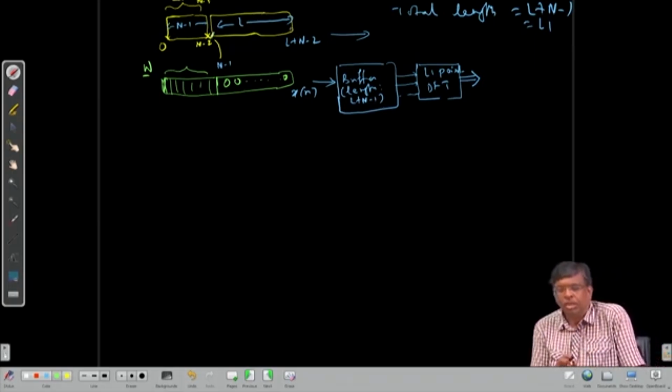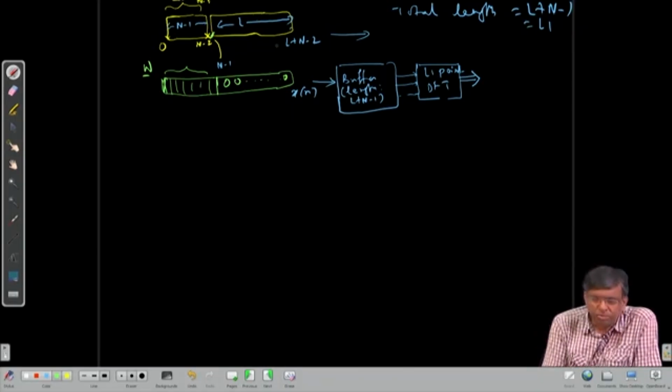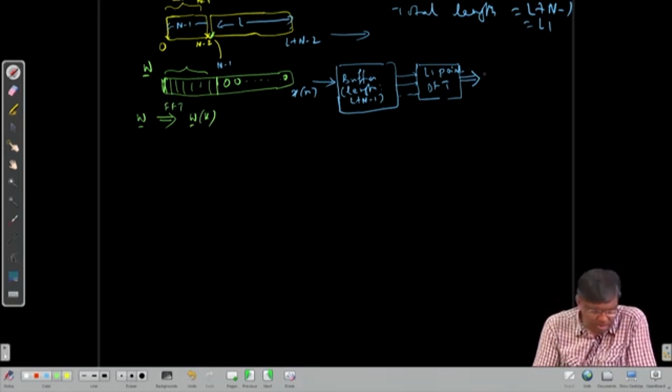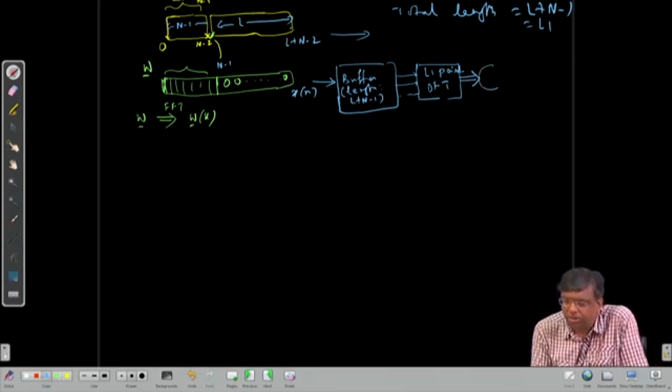All right. So, suppose this is my W, and W, if I take FFT with these zeros, it gives me WK. Then I multiply DFT into DFT. So, here WK, somehow it is available, suppose, okay, available.